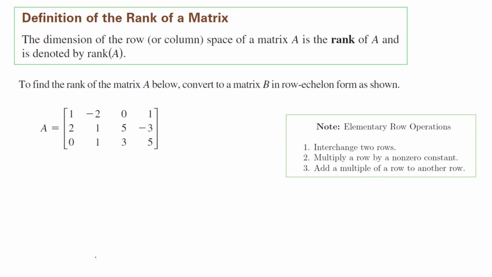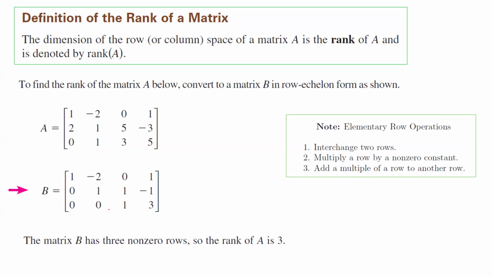You have this matrix, and your goal is to convert it into row echelon form. It is going to be 1, negative 2, 0, 1; 0, 1, 1, negative 1; and then you have 0, 0, 1, 3 as the third row. The matrix B has 3 non-zero rows. What's the meaning of that? It means that the rank of the matrix is 3.